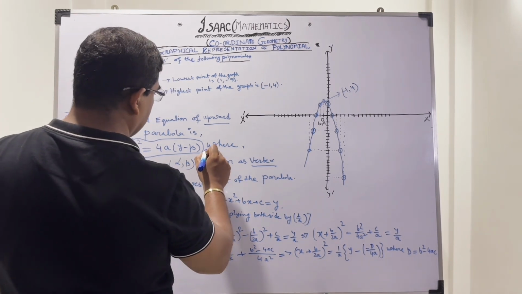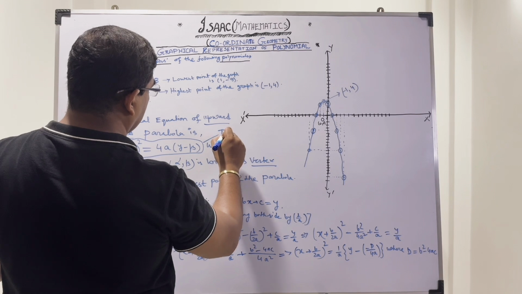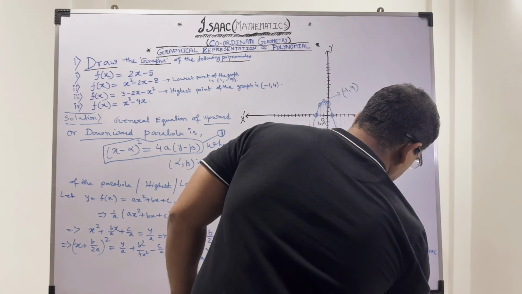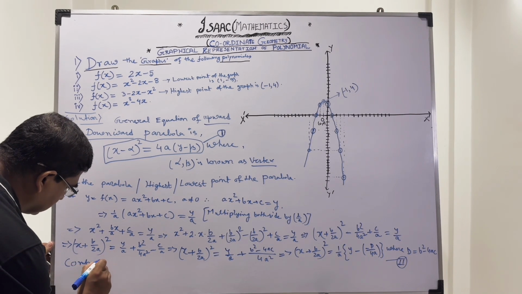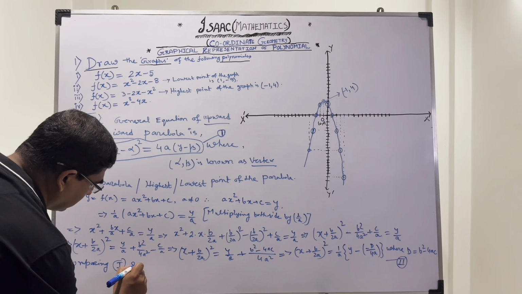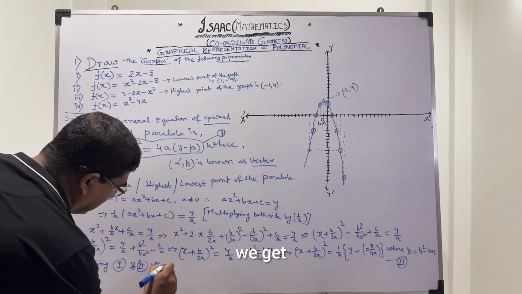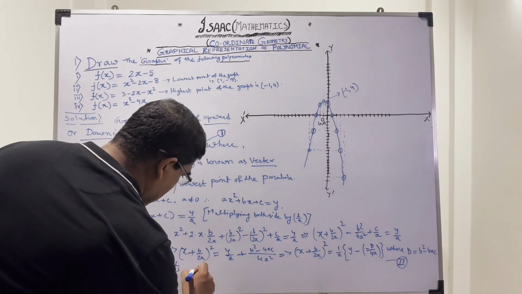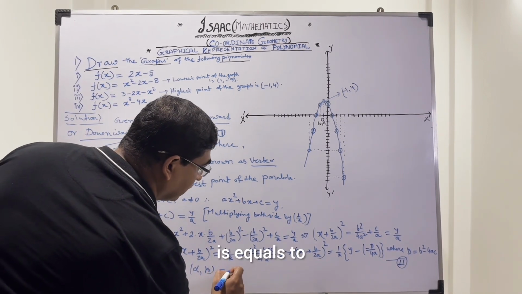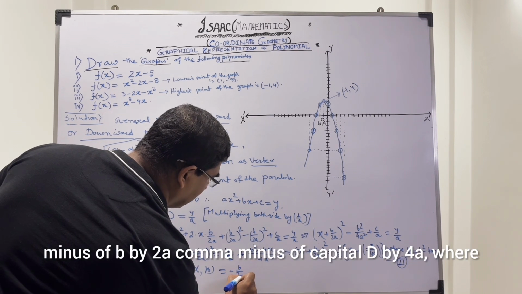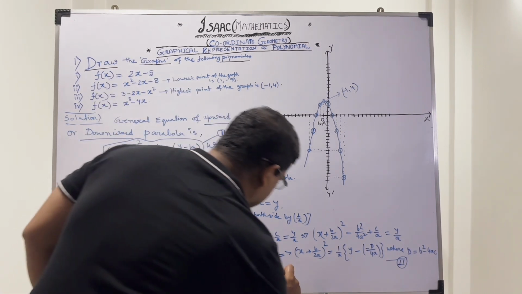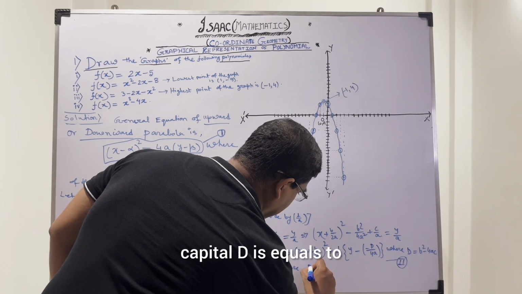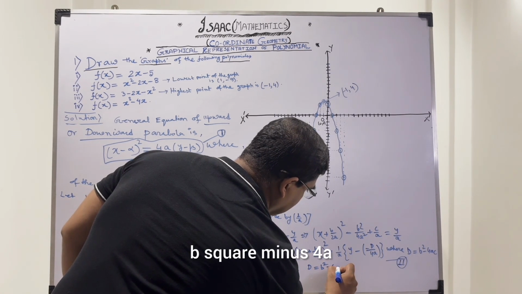So, comparing 1 and 2, we get alpha comma beta is equals to minus of b by 2a comma minus of capital D by 4a, where capital D is equals to b square minus 4ac.